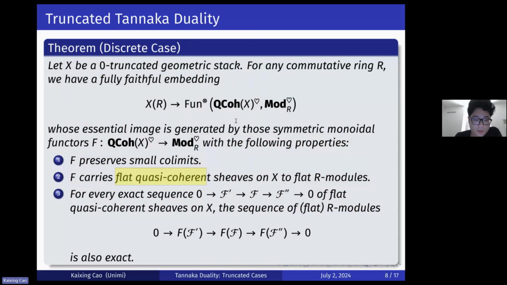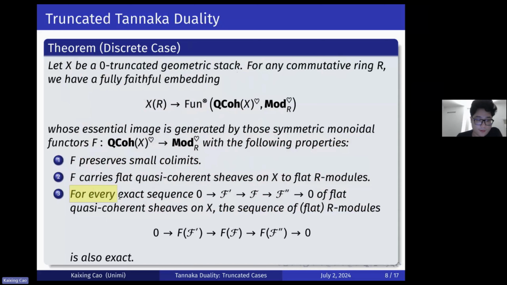Now we don't mention the preservation of the connected objects, because as I said, the functor is defined on the heart of the quasi-coherent category, so it encodes the information of the t-structure, which is related to the connected objects.